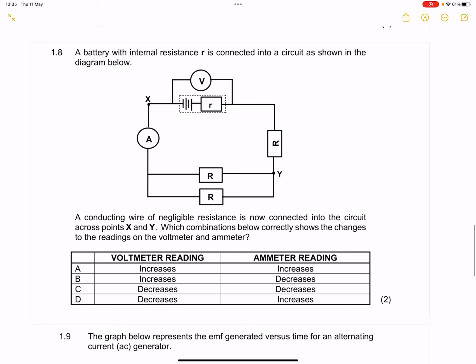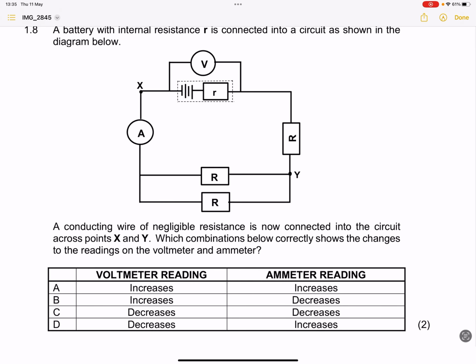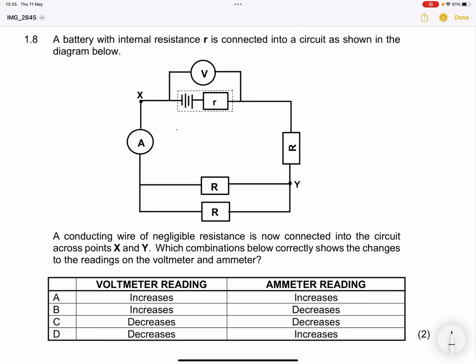Right, as we move right along. So they give us in 1.8, we've got a battery with internal resistance R, right? They say it is connected into a circuit as shown in the diagram, right? A conducting wire of negligible resistance is now connected into the circuit across the points X and Y. So what I'm going to do is, before we even go further, let's do exactly that.